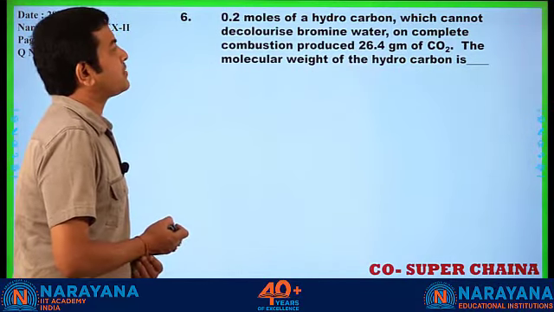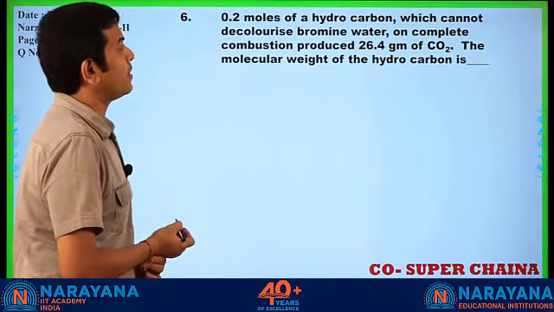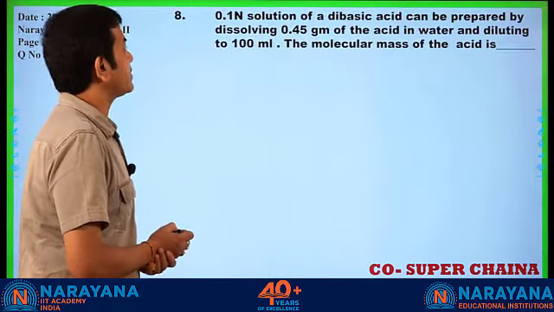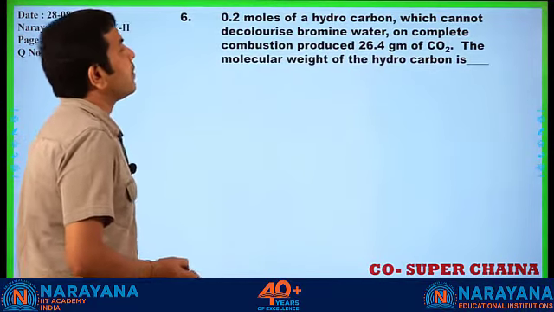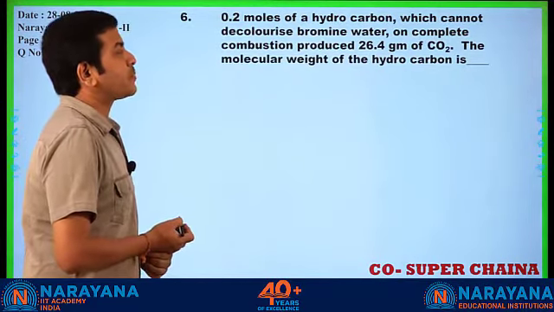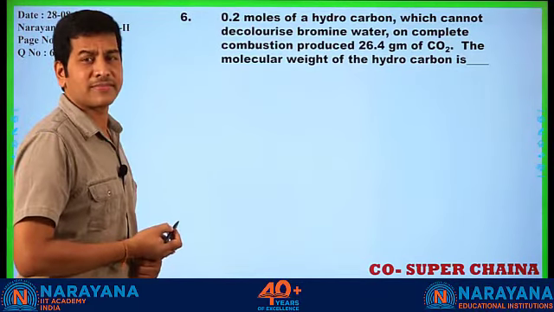0.2 moles of a hydrocarbon which cannot decolorize bromine water, on complete combustion produced 26.4 grams of CO2. The molecular weight of the hydrocarbon is?